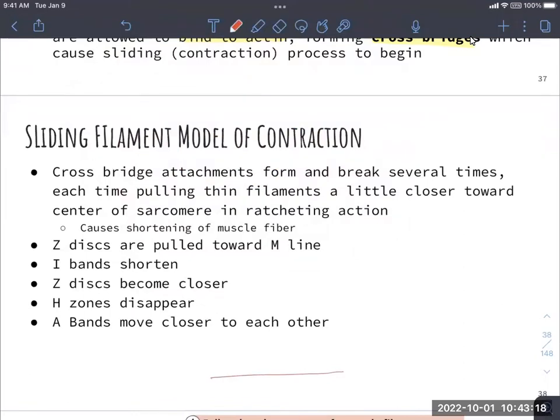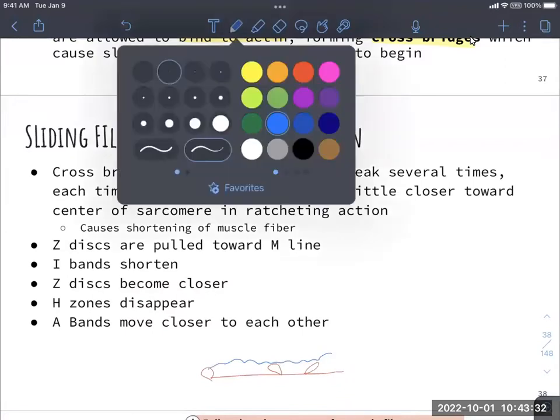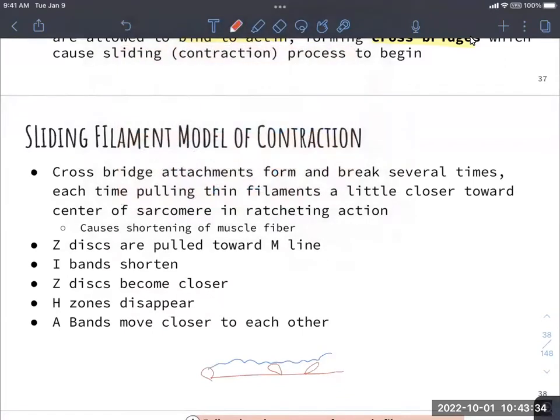We have other heads all along. So it's going to start here, attach to that actin filament. The head is going to move from here to there.